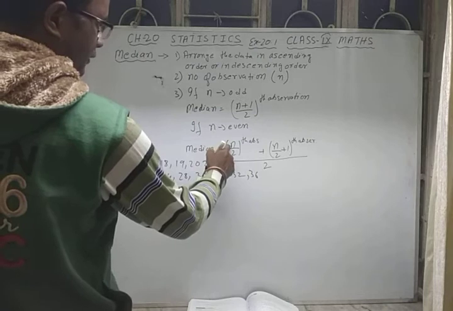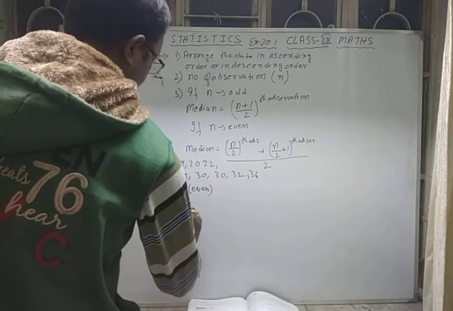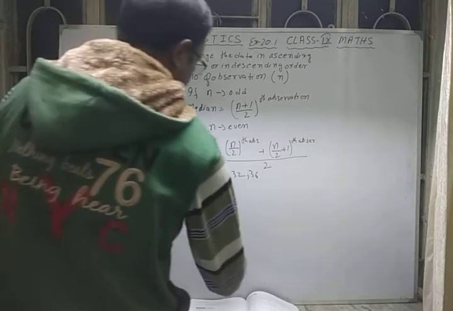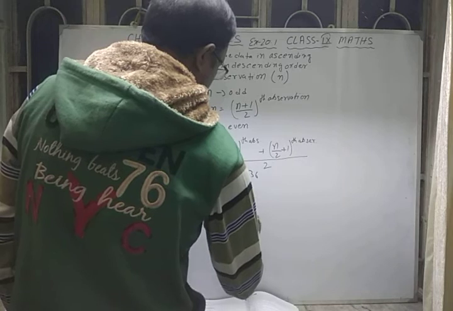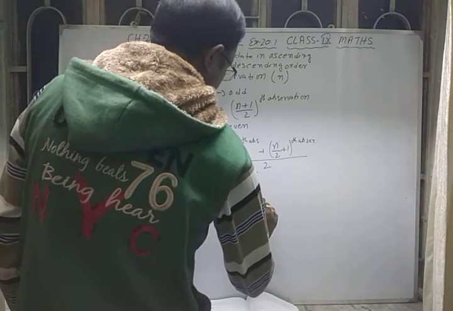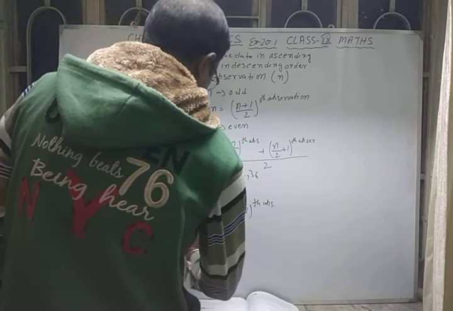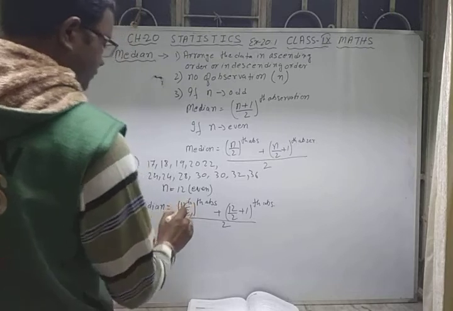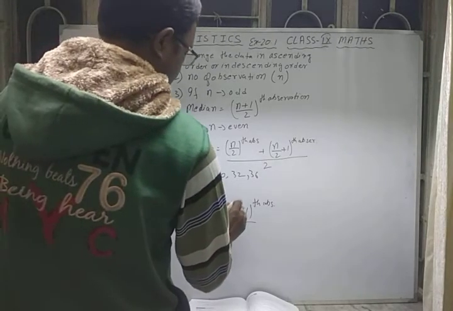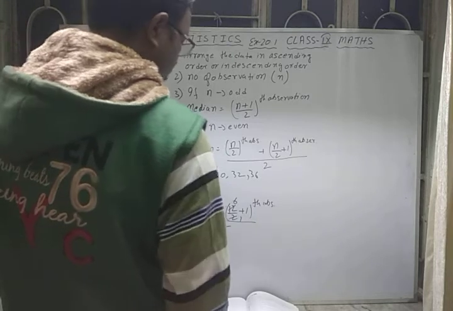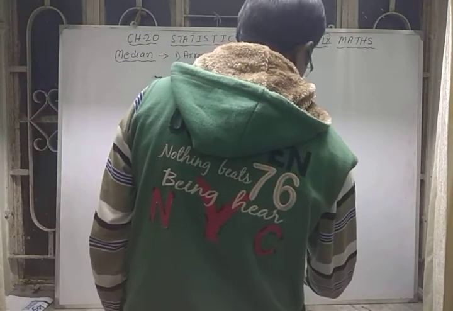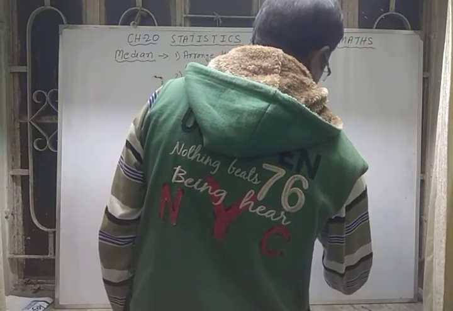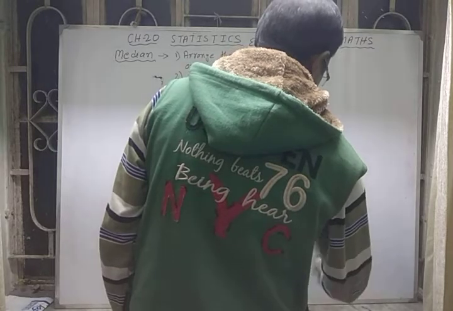So you put the value of n here: 12 by 2-th observation plus 12 by 2 plus 1-th observation, whole divided by 2. So 2 1 are 2, 2 6 are 12, means 6th observation; 6 plus 1, 7th observation. So you have to write here 6th observation plus 7th observation, whole divided by 2.